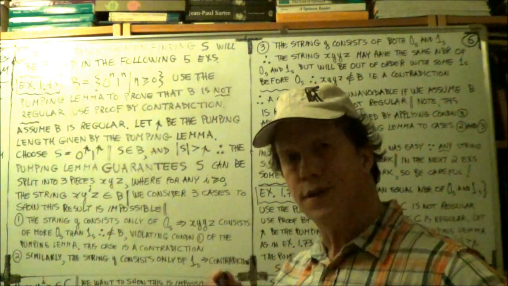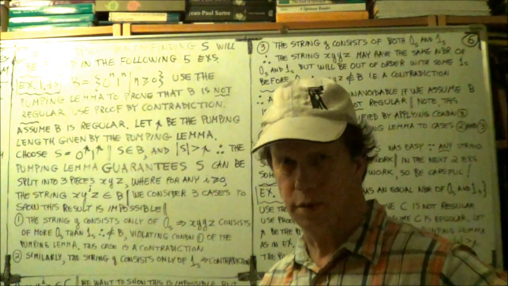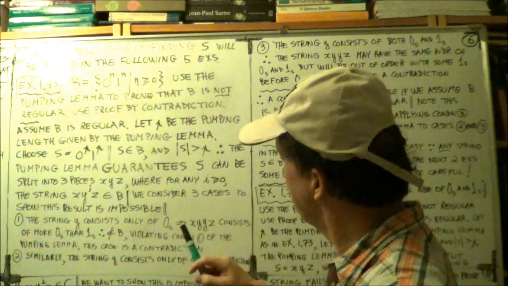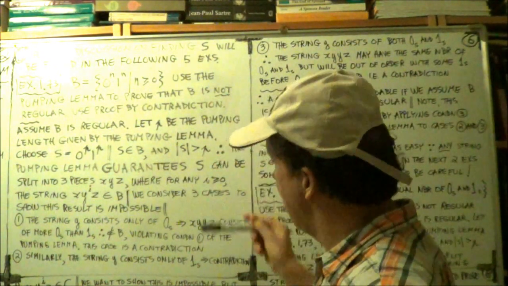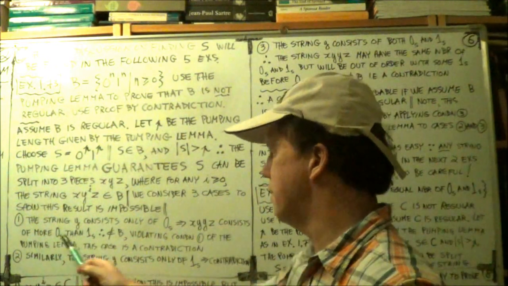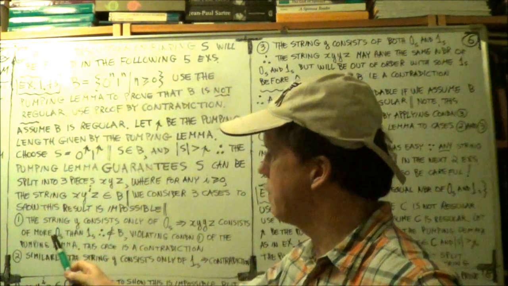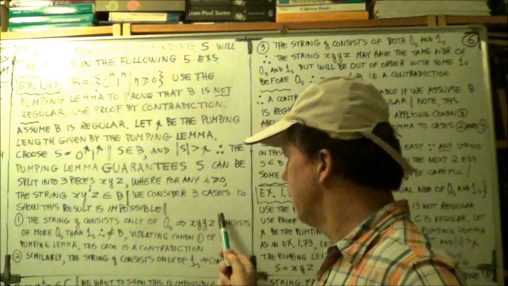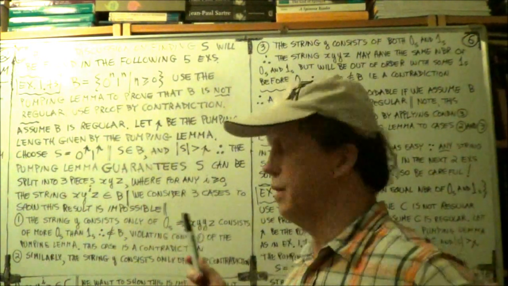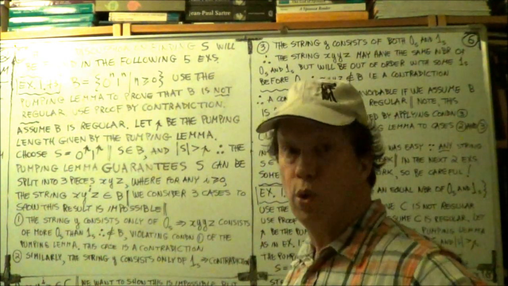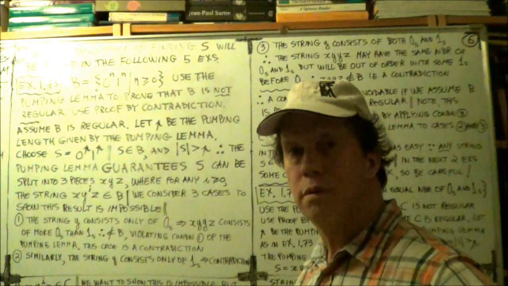And therefore your xyz has an equal number of zeros and ones. Well, now you've pumped it a little and you put in an extra y, and that y consists, in this case 1, of all zeros. Therefore, this xyyz must have more zeros in it than ones.